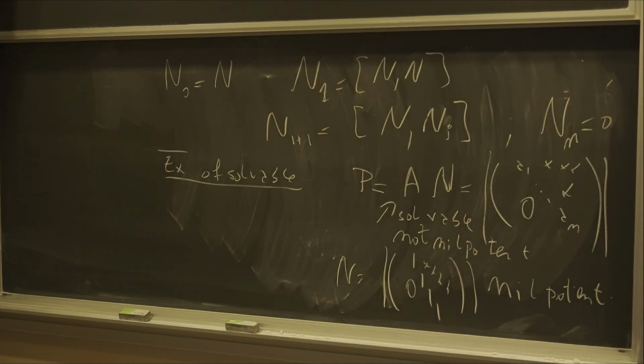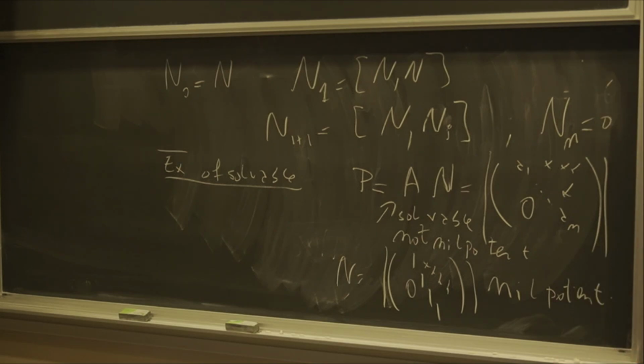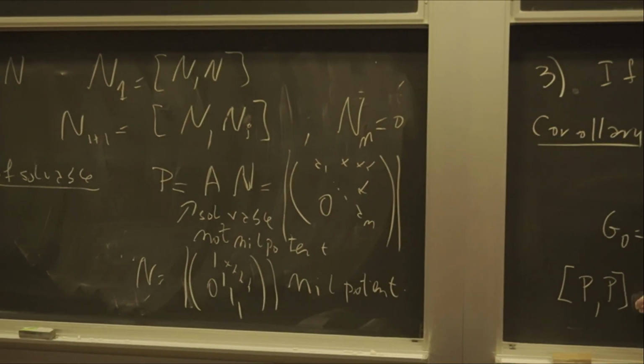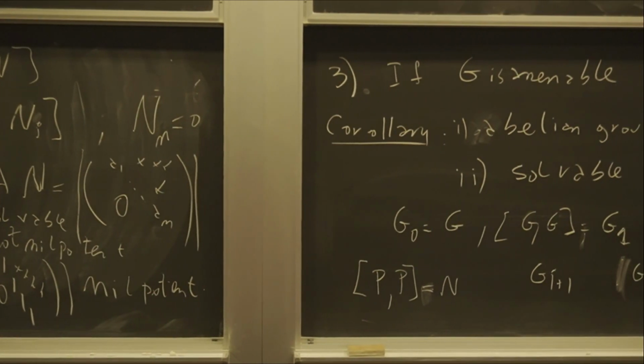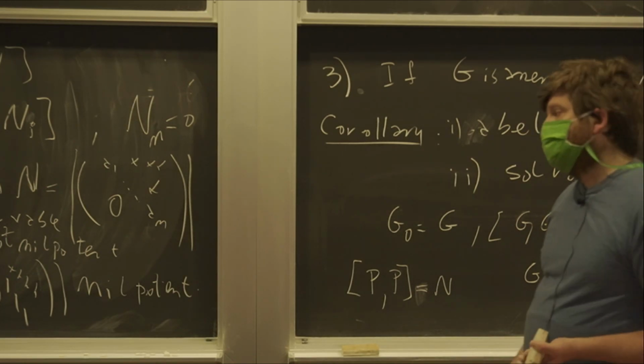Actually, it's sort of magic, but it's always true in the setting of these groups with this sort of definition of P, A times N, that the commutator of P with P equals N. So when you take the first commutator of this solvable group, it gives you a nilpotent group already. And once you know this is nilpotent, then certainly it will finish in finitely many steps.